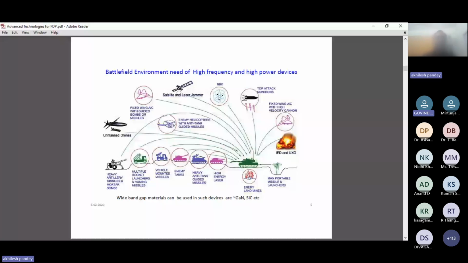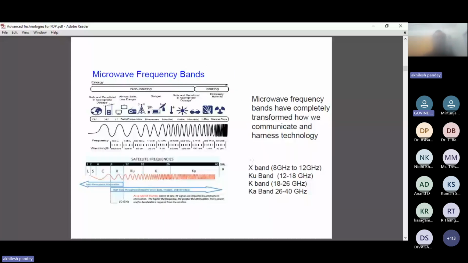Now, since we are talking about high frequency devices, you can see this is the microwave chart. Starting from the microwave frequency band, they have completely transformed how we communicate and harness technology.